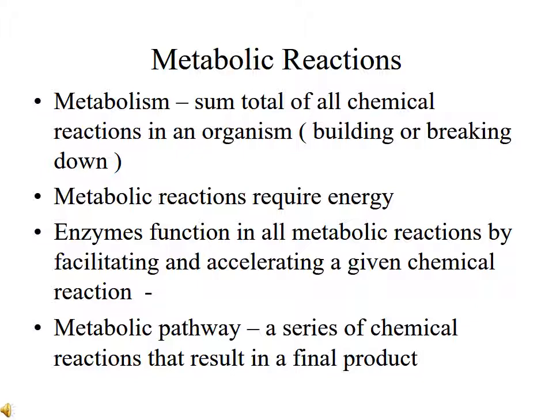In metabolic reactions, enzymes will function in accelerating or facilitating the chemical reactions. We'll talk more about enzymes in a moment. Metabolic reactions occur in an organized process referred to as a metabolic pathway, a series of chemical reactions that will result in a final product.